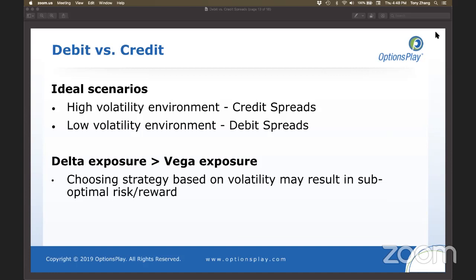But if you start selecting your strategies based on just that one criterion alone, what you're basically doing is trying to suggest that your Vega exposure is larger than your Delta exposure. But what I'm trying to suggest is that your Delta exposure is much larger than your Vega exposure. So what I'm trying to say is that your directional view should help you decide whether you trade debit versus credit spreads, as opposed to your volatility view.